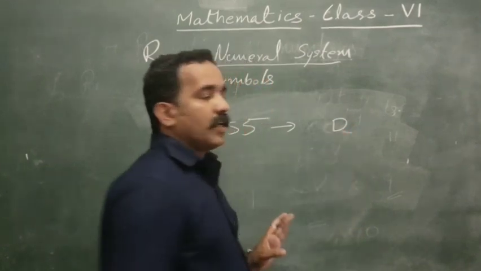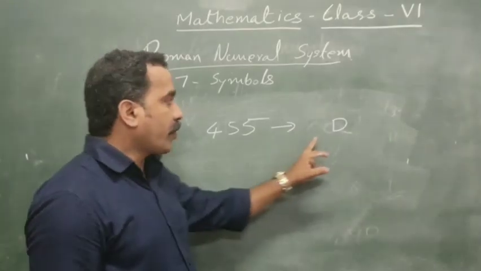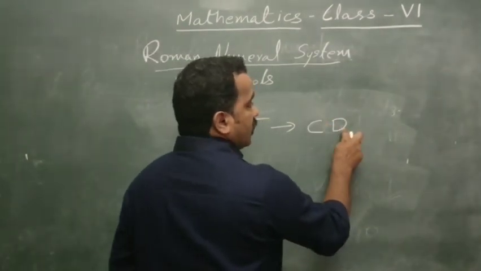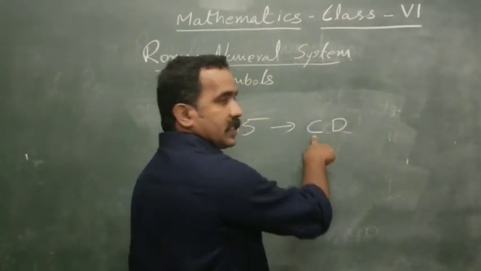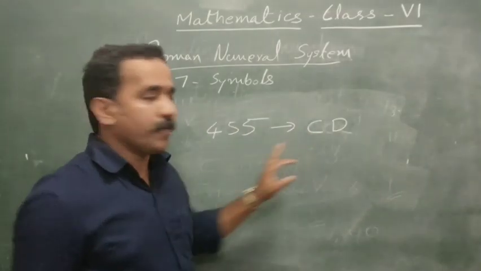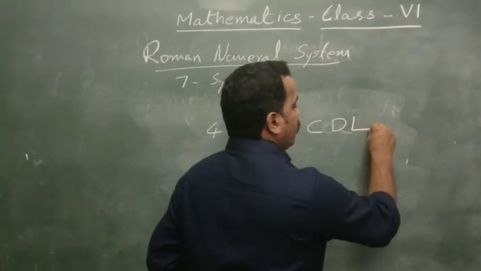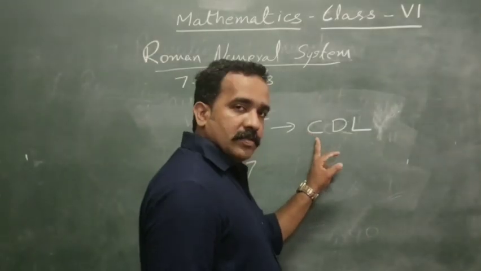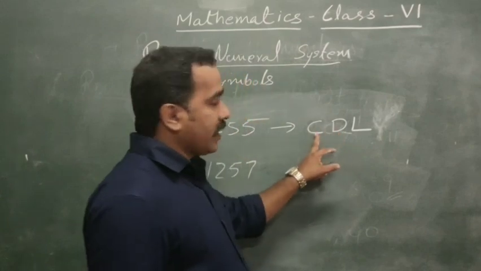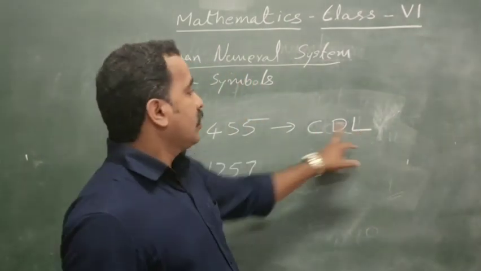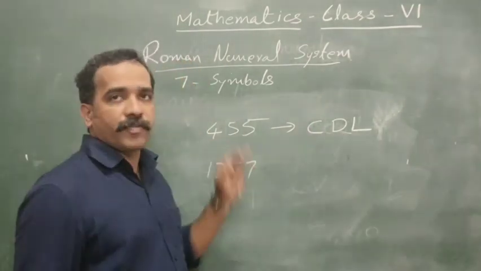D is 500, and 500 minus 100: D and C. This is 500 minus 100. It makes 400 now. Now 55. We know that 55. So, okay. 500 minus 100, 400. L 50, 450, but here 455.